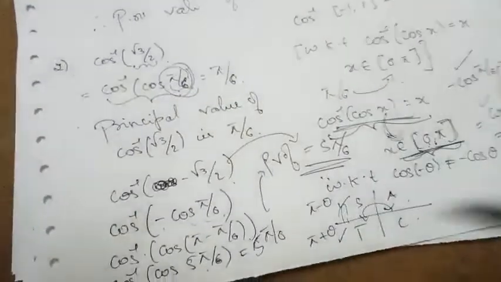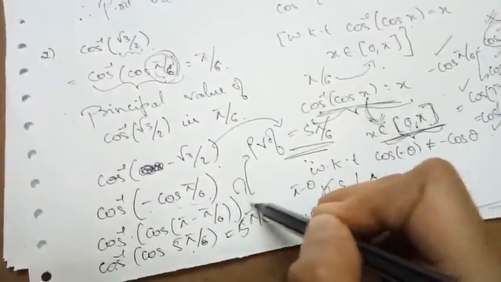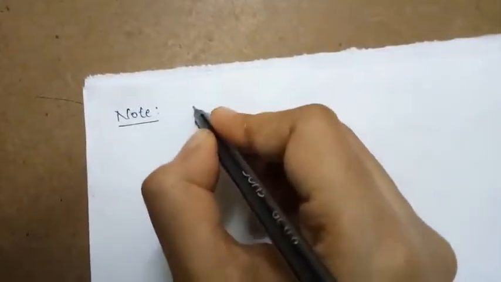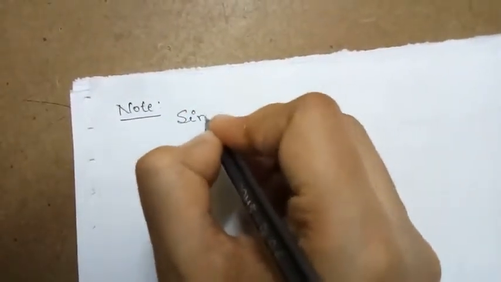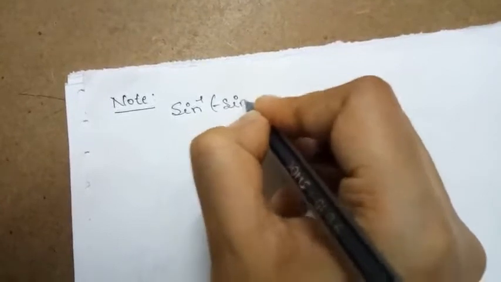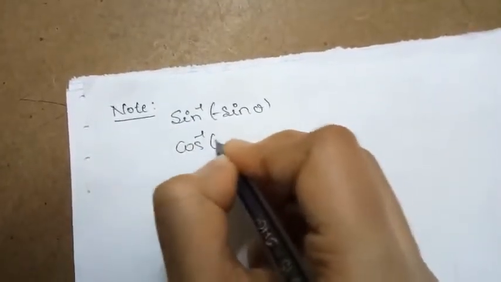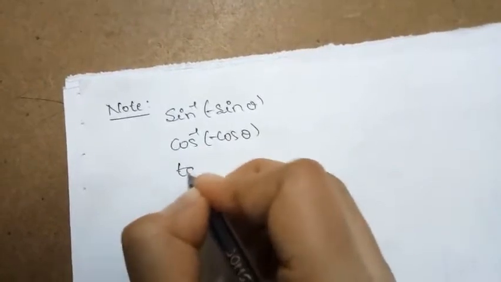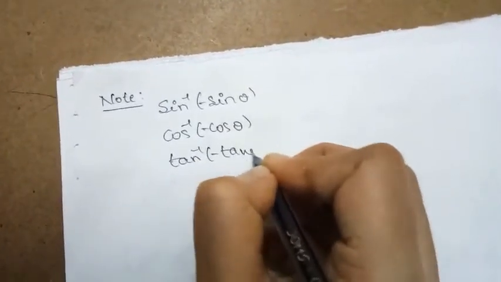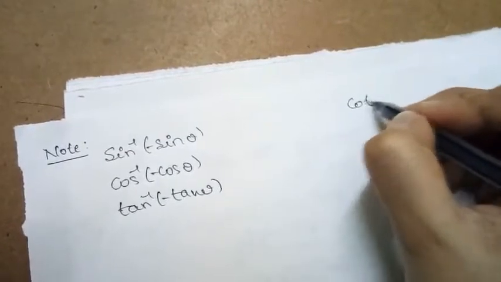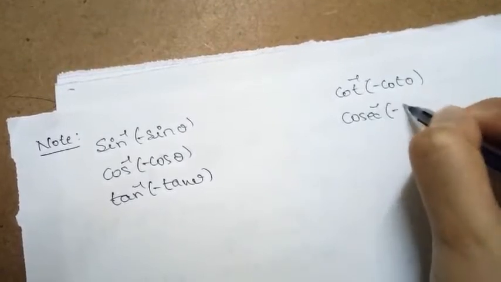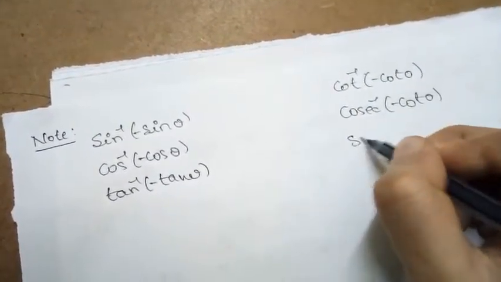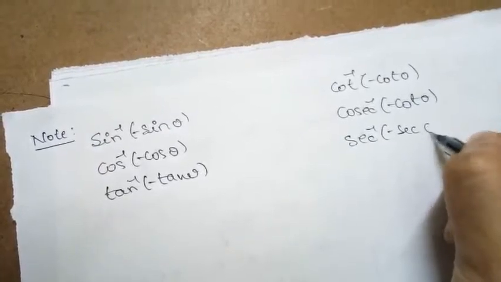So this is how we solve the question, where we must be able to write these things properly. I am giving you a note which will be helpful for you to solve most of the questions, that is, questions in the format sin inverse of minus sin theta, cos inverse of minus cos theta, tan inverse of minus tan theta, cot inverse of minus cot theta, cosecant inverse of minus cosecant theta, and secant inverse of minus secant theta.